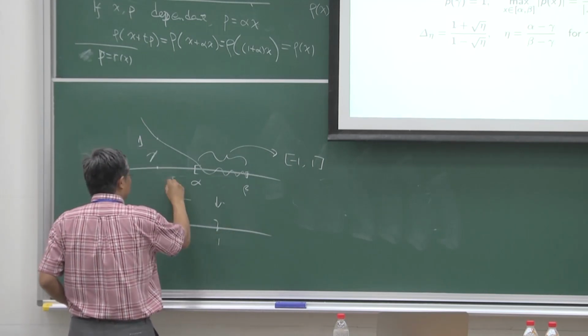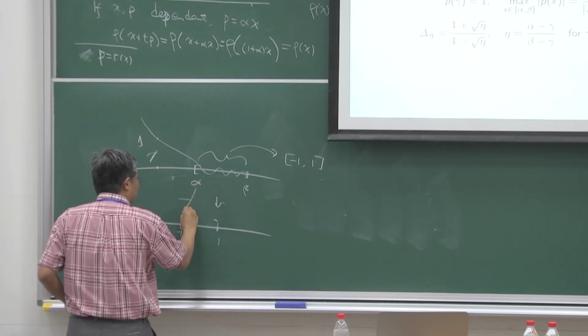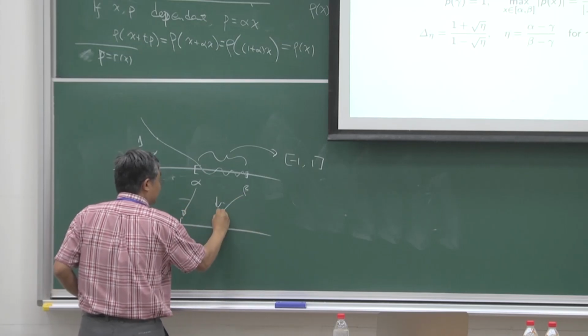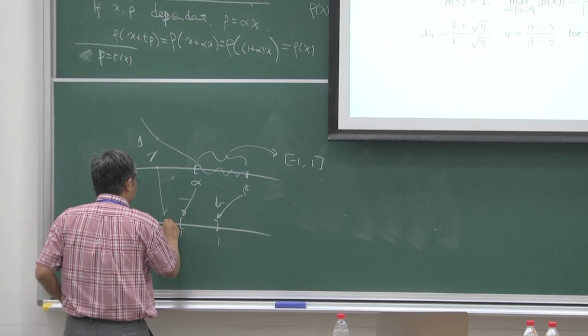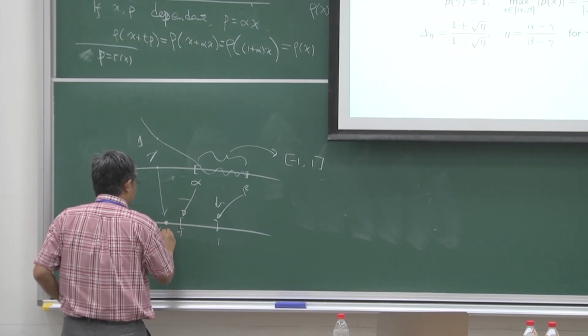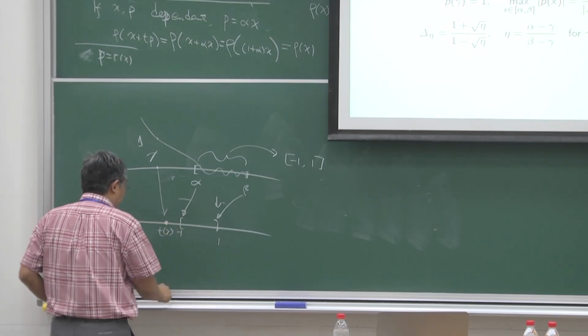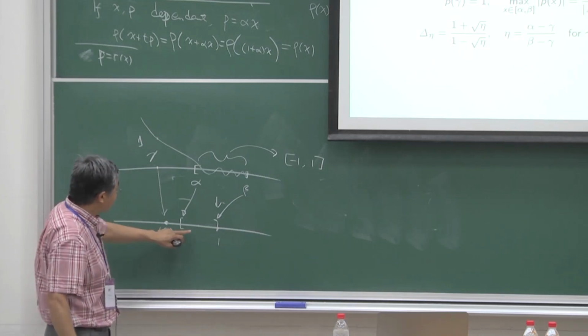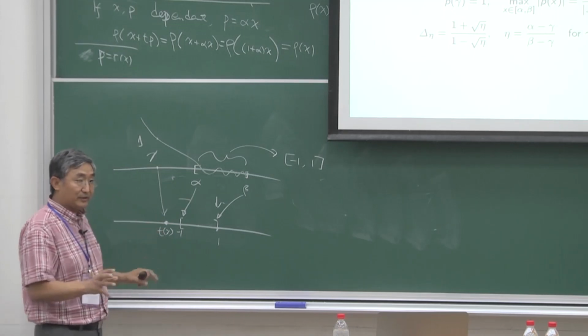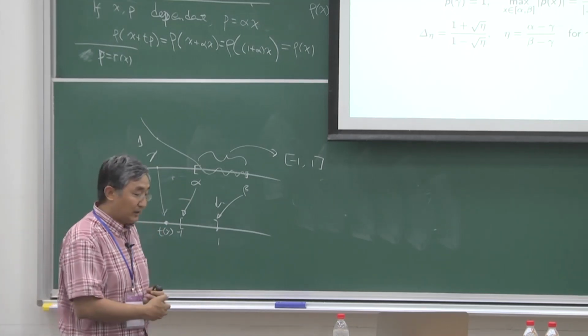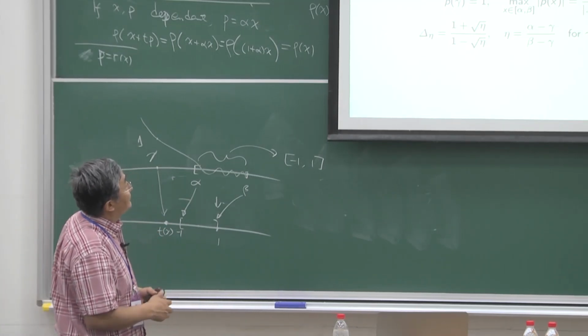gamma is, so alpha maps to -1, for example, beta to 1, and gamma is going to map to a point right here, t gamma. At that point, it's outside -1, and the Chebyshev polynomial value is very, very big.